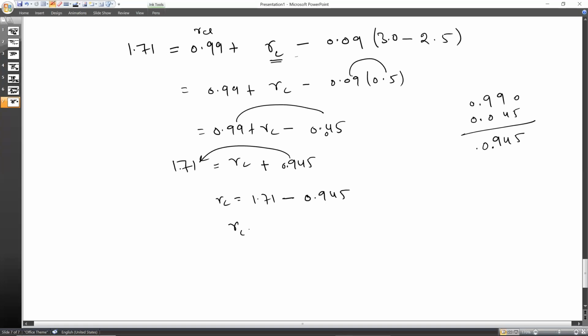So when you subtract it, you will get the radius as 0.77 angstrom. Got it? Okay.